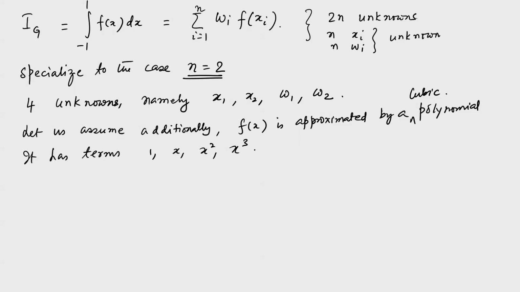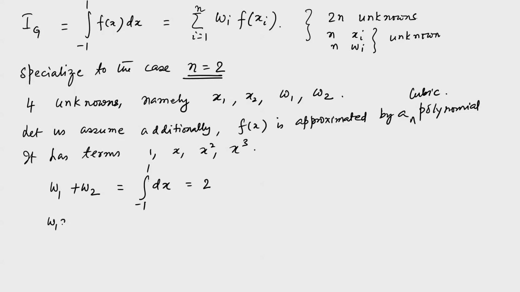And if it is a cubic polynomial, then of course, by this formula, for the case f(x) equal to 1, W1 plus W2 is equal to the integral from -1 to +1 of dx, which is of course equal to 2.